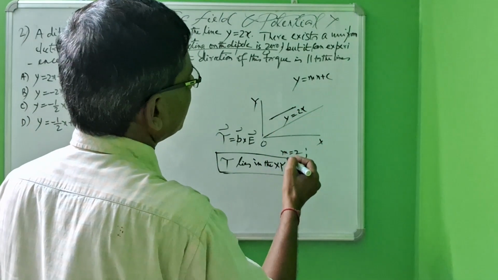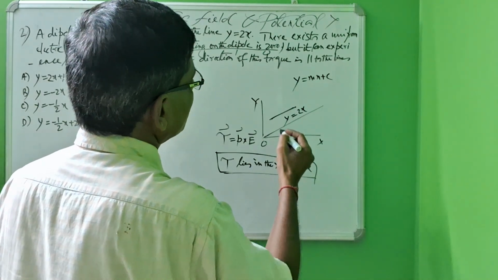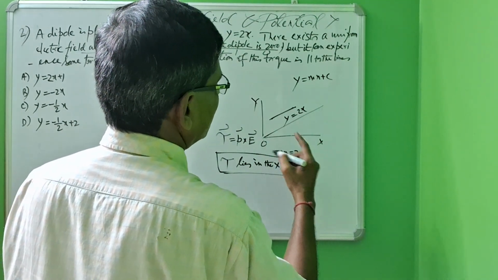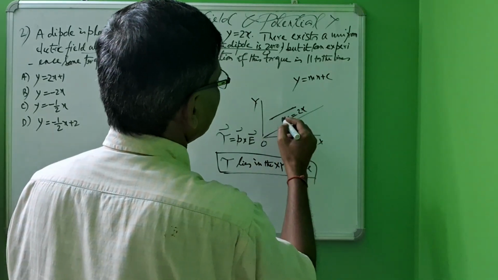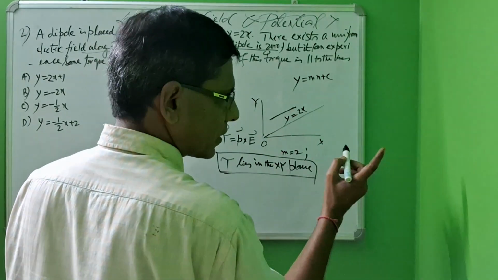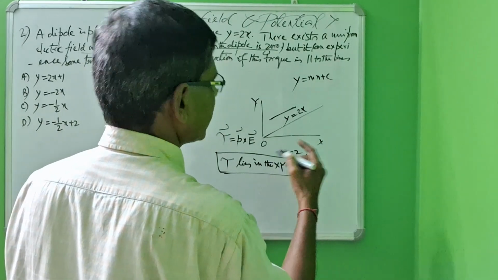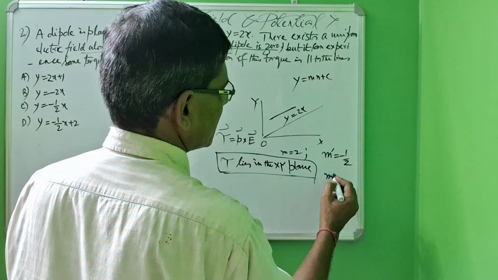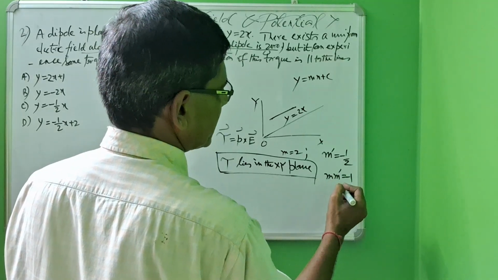Perpendicular to this, we have the gradient m dash equals minus half, because m times m dash equals minus 1.